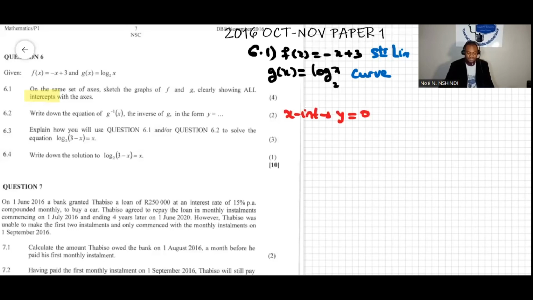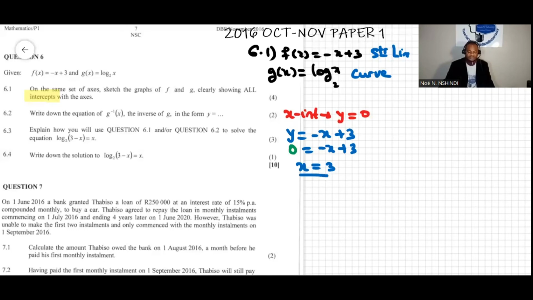For f of x, f of x is just the value of y, so y equals negative x plus 3. I make y equal to 0 and solve for x: 0 equals negative x plus 3. If I move the negative x over, x is equal to 3. So this is the x-intercept.